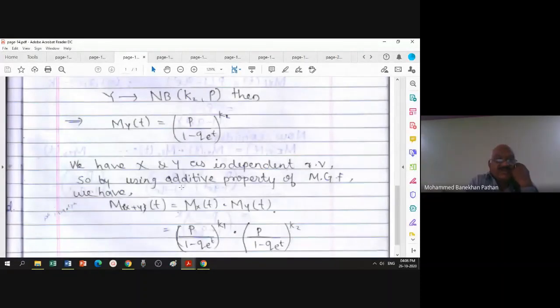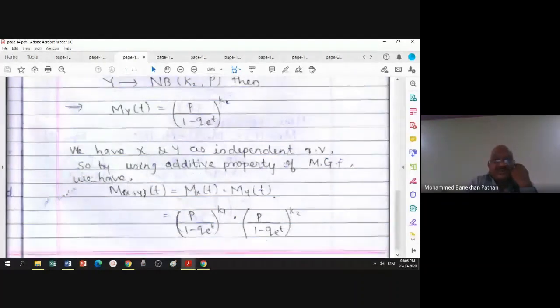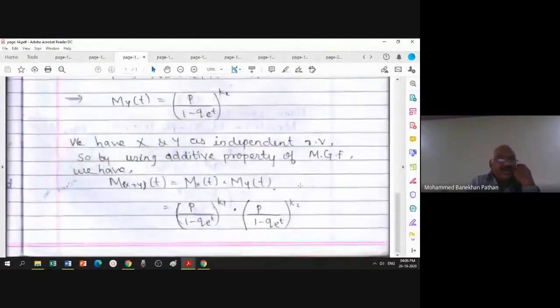So by using the additive property of MGF, as I taught in first year, MGF of X plus Y at point t is equal to MX(t) multiplied by MY(t). This is the additive property of MGF for two independent random variables.